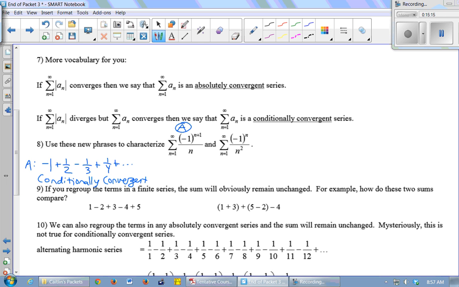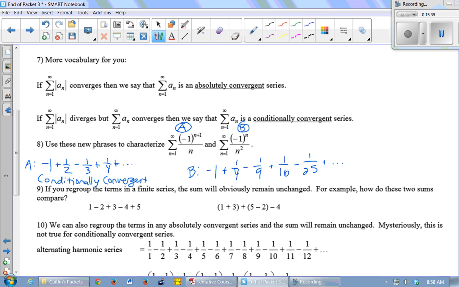And then this other sum, call this B, was -1 plus a fourth minus a ninth plus a 16th minus a 25th. That sum converges. It's an alternating series.